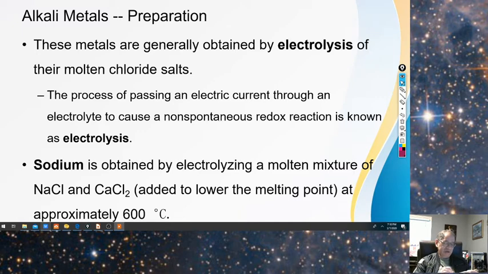And know that this is the main method used to process them, to separate them from the other stuff they're hooked up to. Metals are generally obtained by electrolysis. Generally, okay. Process. Okay, know what electrolysis is.